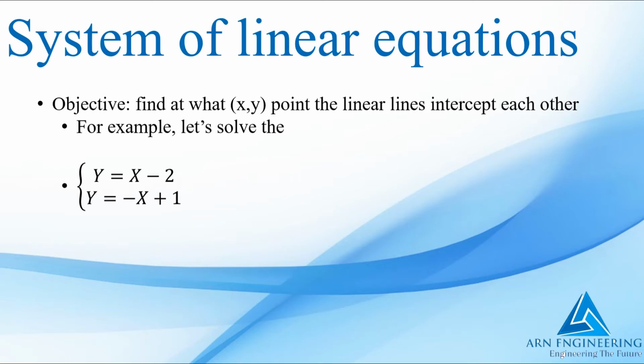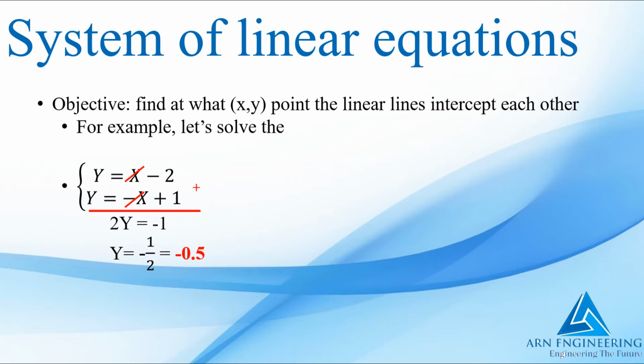So, in order to solve a set of linear equations, we need to add the equations together. So if we add these two equations together, we can see that the x terms clearly cancel out, and we will be left with 2y equals -1.